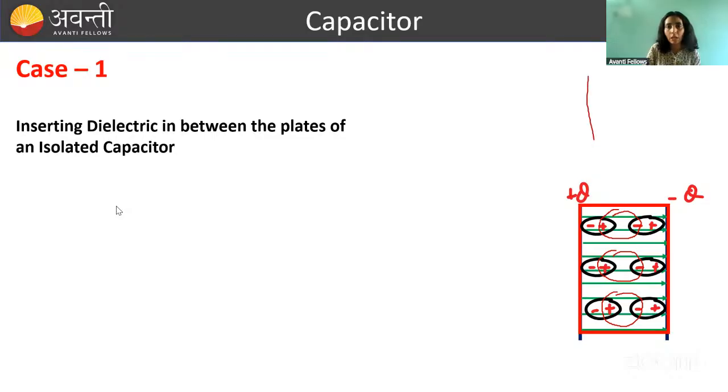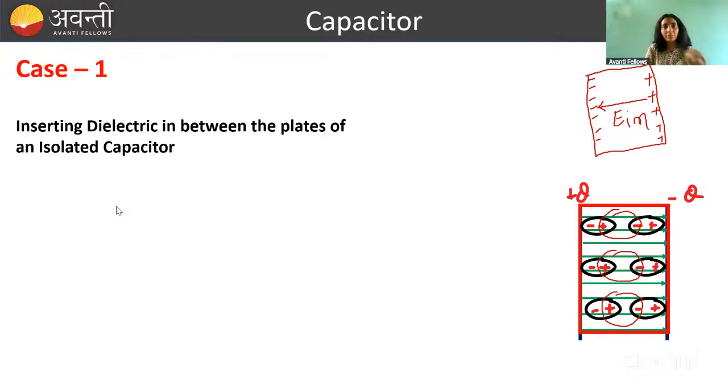So this was the dielectric, and this dielectric we have inserted between the space of the capacitor. So on the left hand side surface there will be negative charge, and on the right hand side surface there will be positive charge. Okay? And because of this induced charge on the dielectric, an electric field is getting generated in this space, in this region.